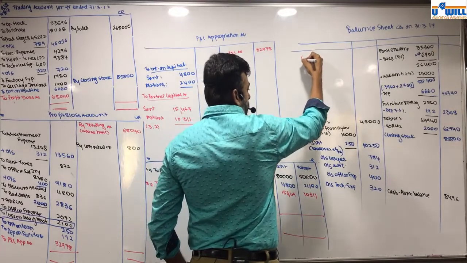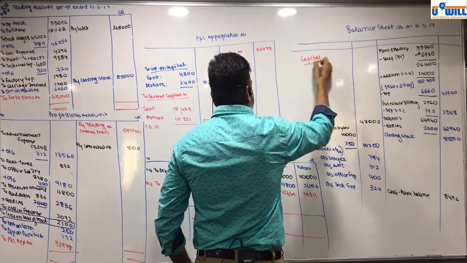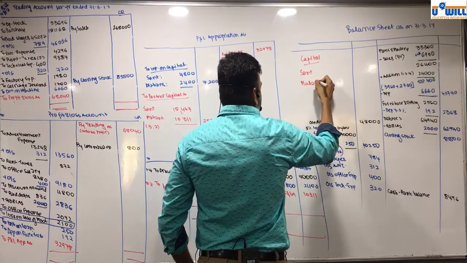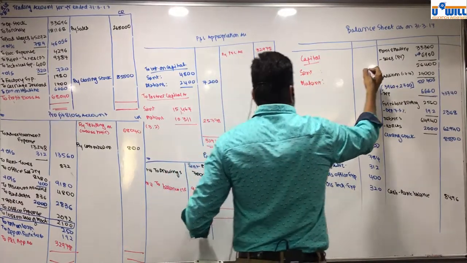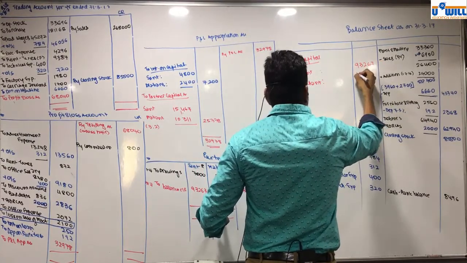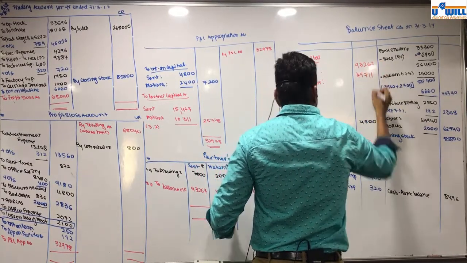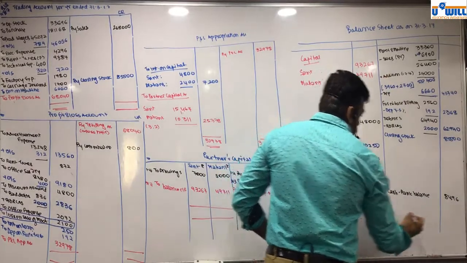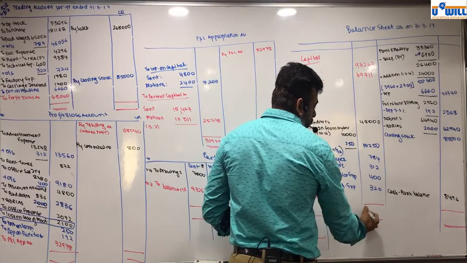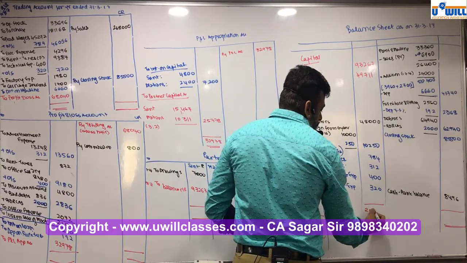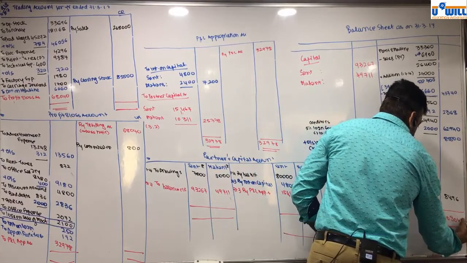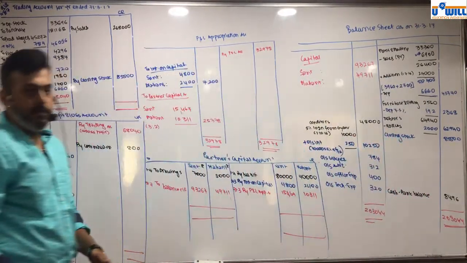Transfer it. Total 2044. Any doubts, anyone?